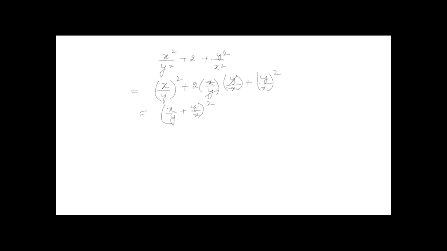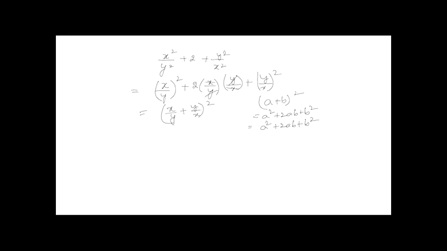This is the opposite of expansion. If I say what is (a plus b) whole square, what is your answer? a squared plus 2ab plus b squared. But if I ask you what is a squared plus 2ab plus b squared, what is your answer? (a plus b) whole square. Correct. That is what we have done here.